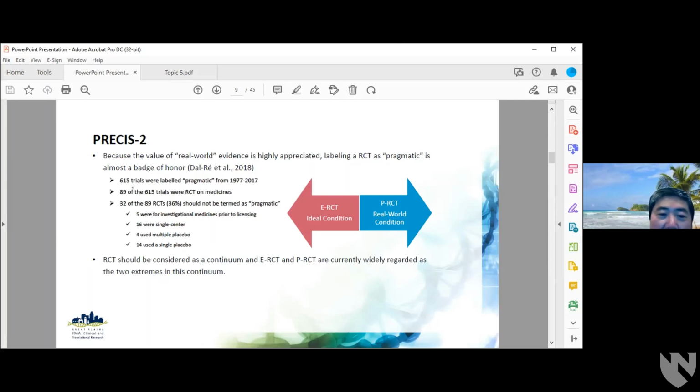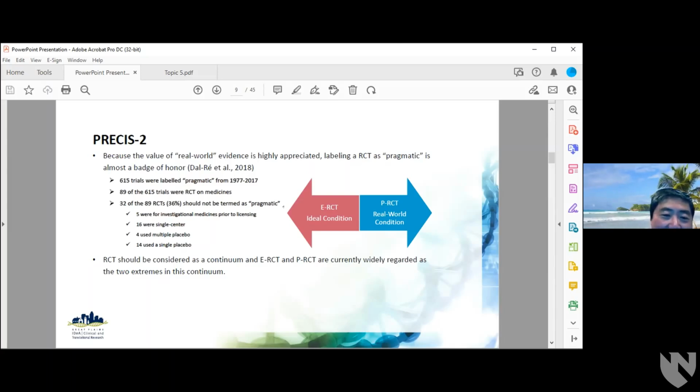That's way ahead of the definition of pragmatic trials. People already used the term pragmatic trial because it's fancy and can attract people's attention. It sounds really useful, immediately applicable.